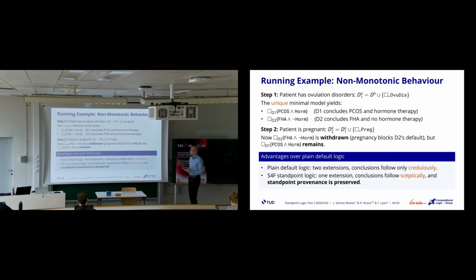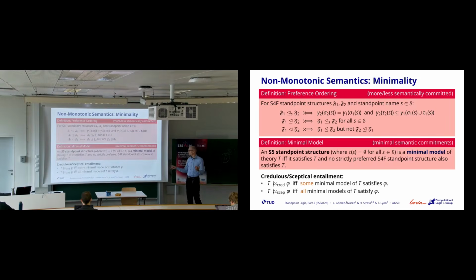Yeah, and we can then add another piece of information to our knowledge base. Right? So same patient, but we now learn that the patient is pregnant, right? Then basically the conclusion that this D2 default has made is withdrawn because we can no longer assume consistently that the patient is not pregnant. Right?